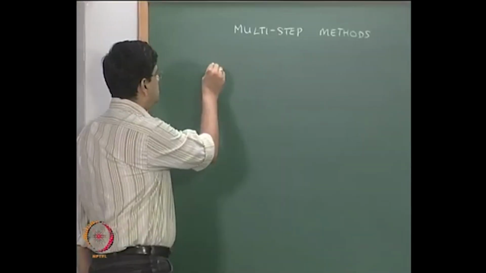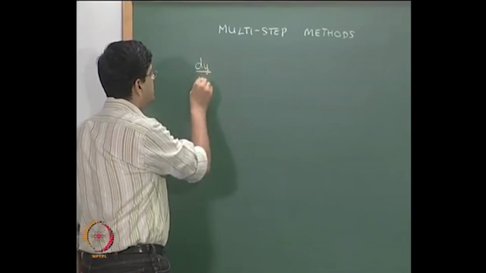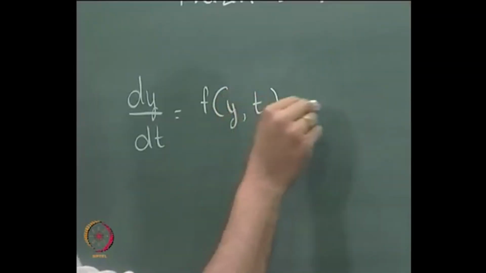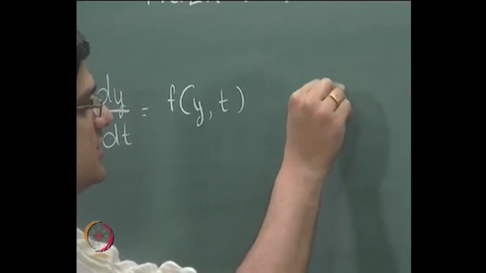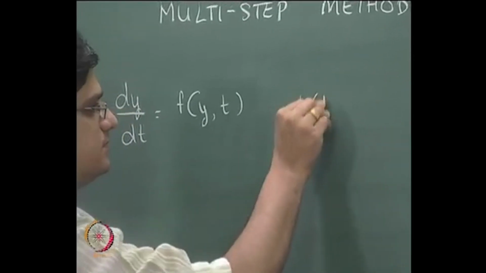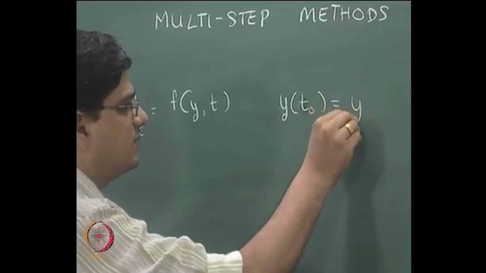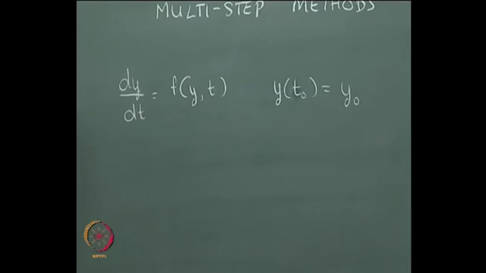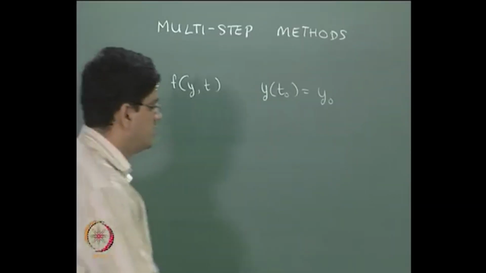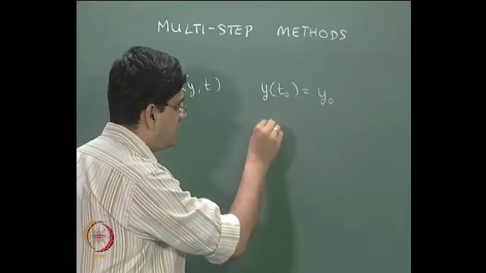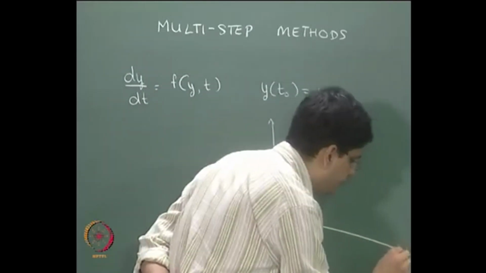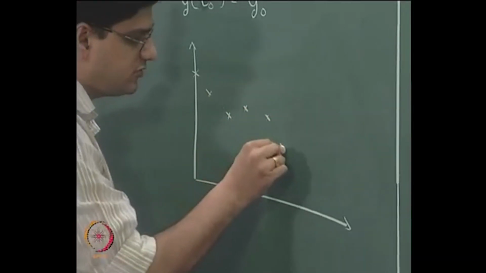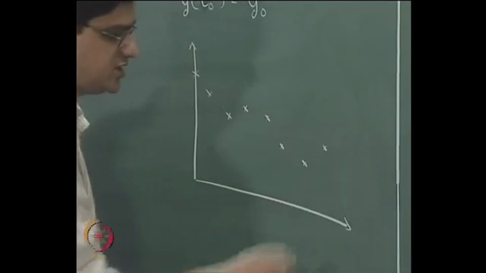So what we are trying to solve is an equation of the type dy by dt equal to f of y comma t, starting with y at t0 equal to y0. Using the chosen method we have somehow reached time ti, and at time ti we have data at various past values.